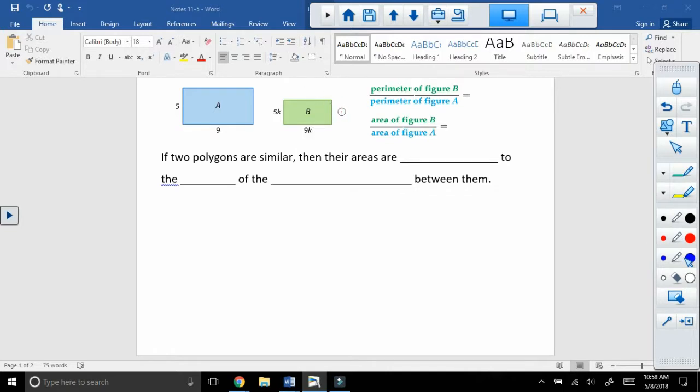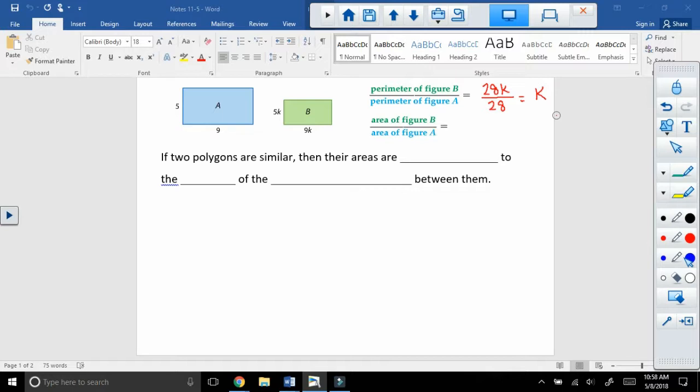What would the perimeter of that figure be? Right, 28K. And then what's the perimeter of figure A? 28.